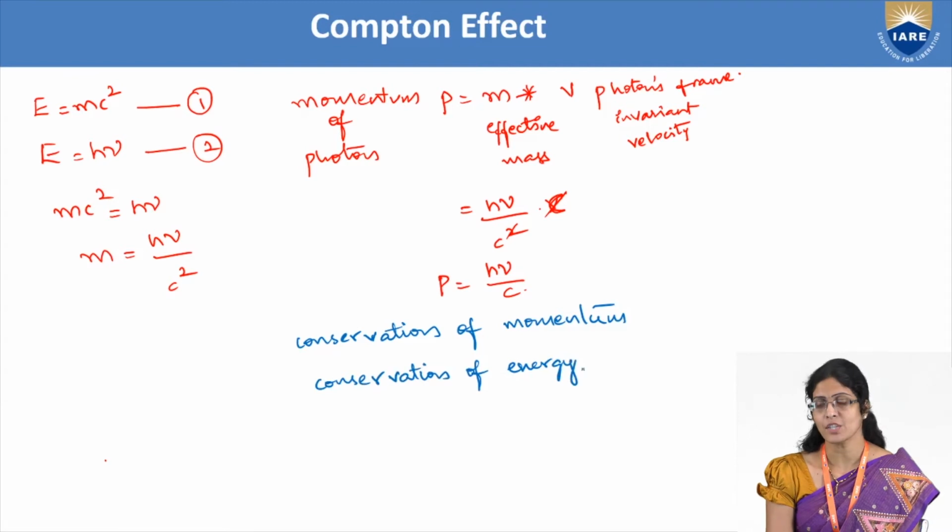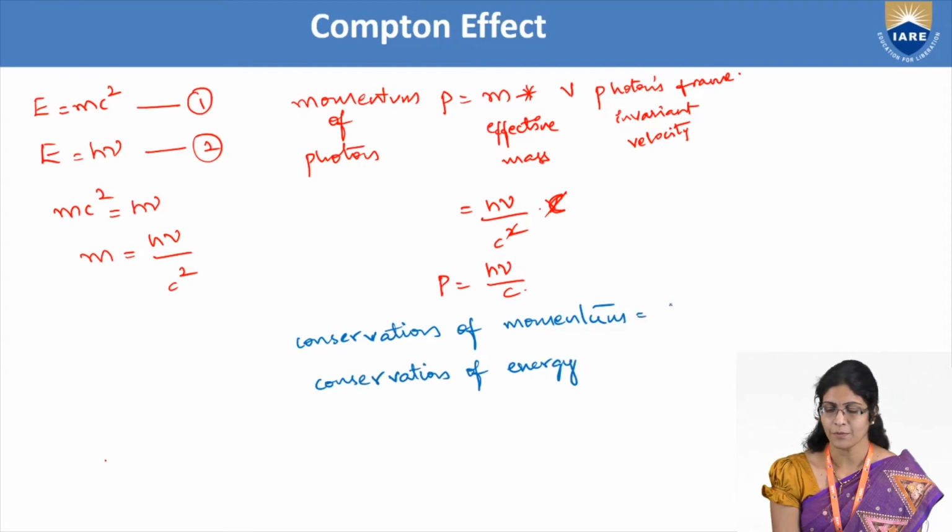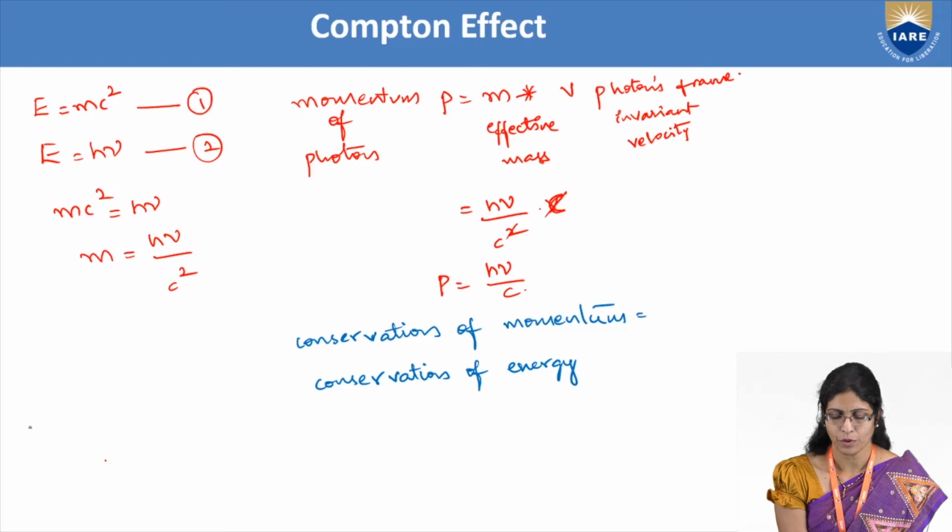So what is conservation of the momentum? What is happening first? First, the photon is coming and it's hitting one electron, right? This is the electron, and this is the direction.